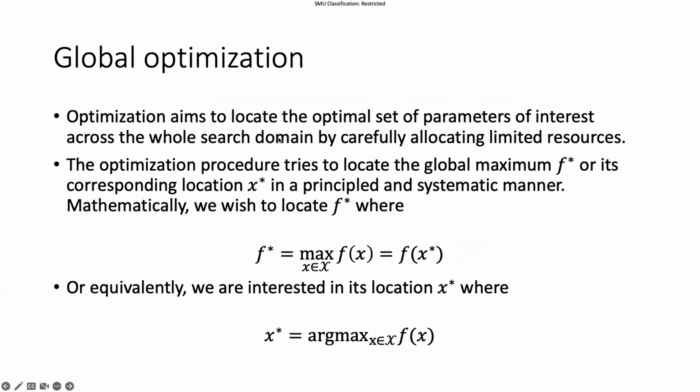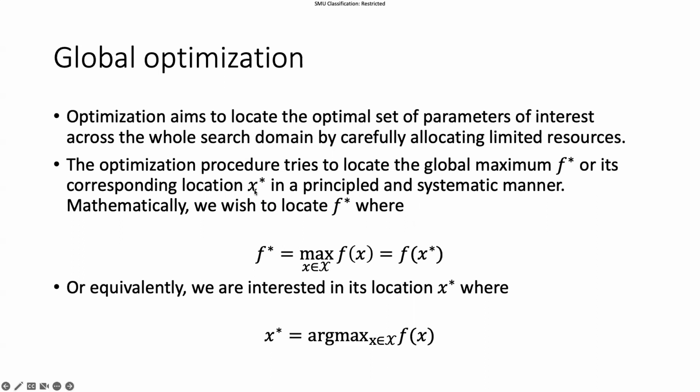Our search space is the whole search domain, and we need to be careful about the limited resources because we cannot randomly evaluate. So our search needs to be intelligent and principled. Our goal is to locate the global maximum F star. This is our final destination.